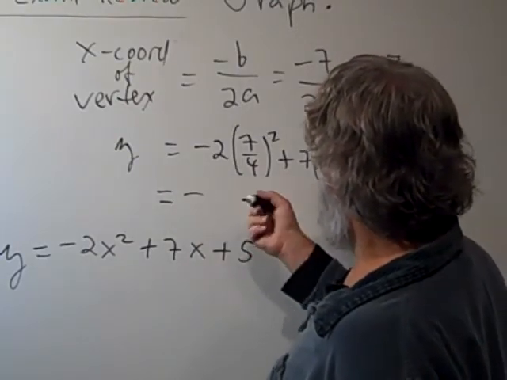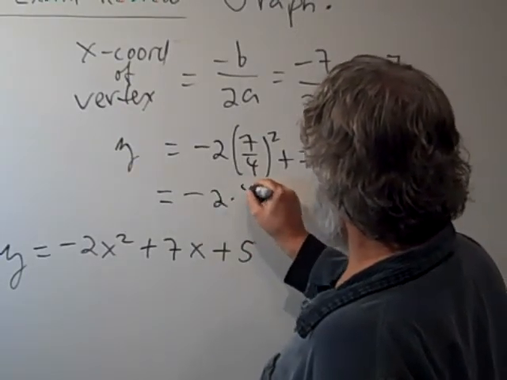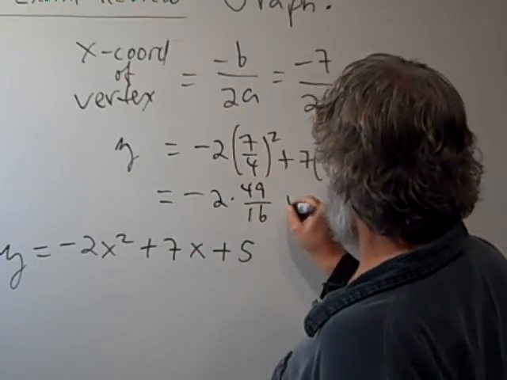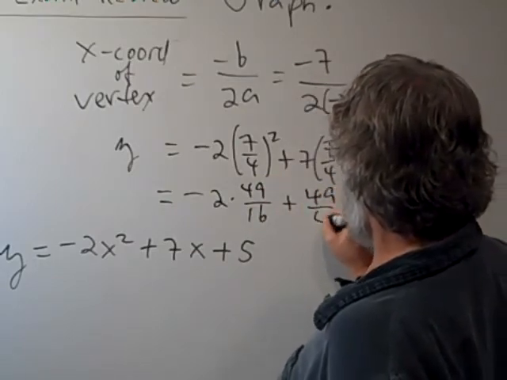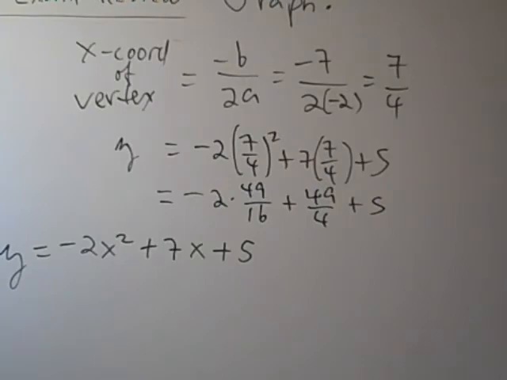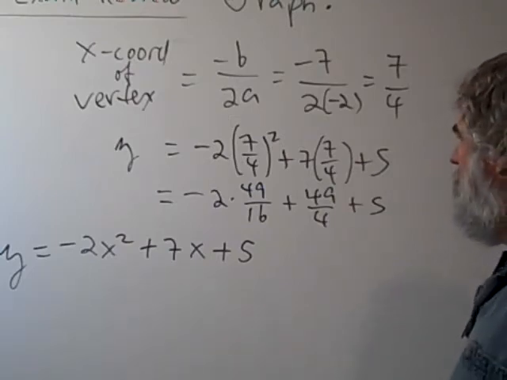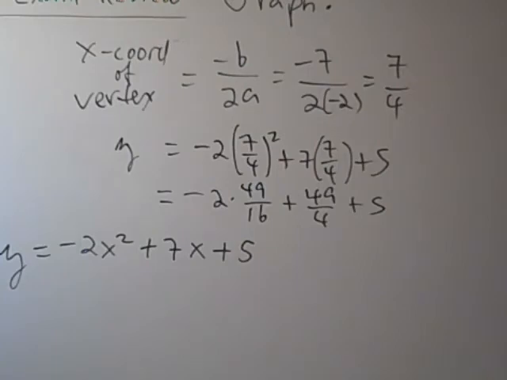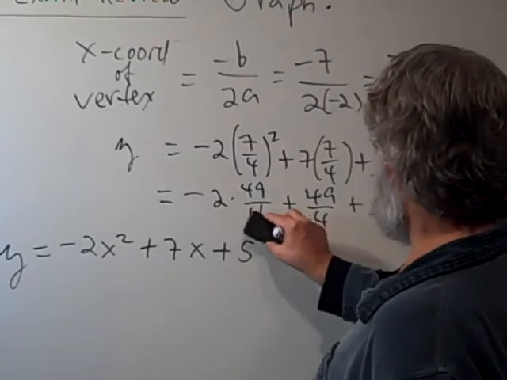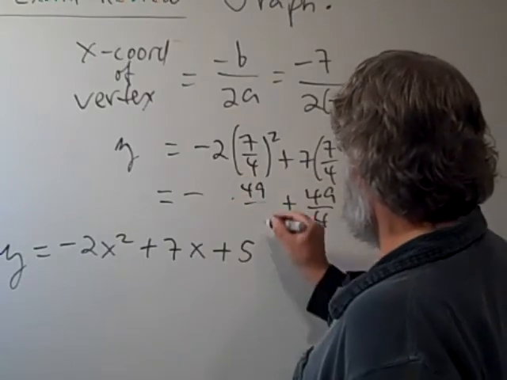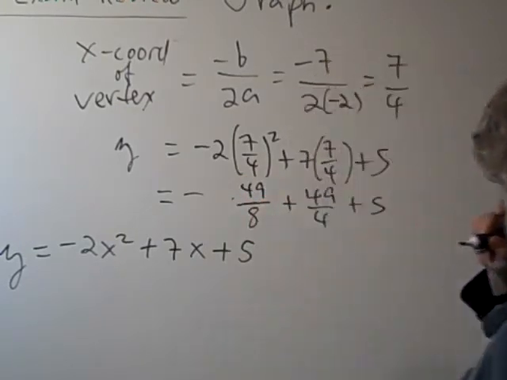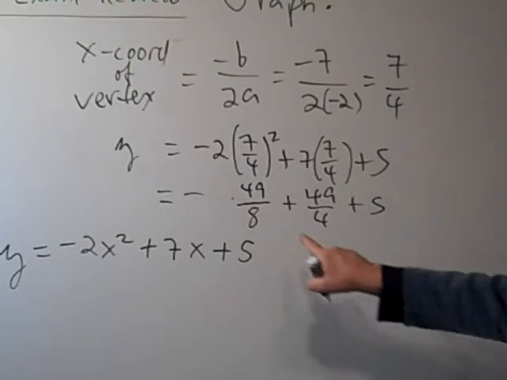It's equal to negative 2 times 49/16 plus 49/4 plus 5. Now, let's continue on that one. 2 goes into 16 8 times, so that's negative 49/8.